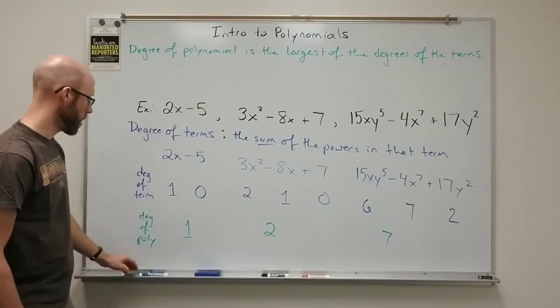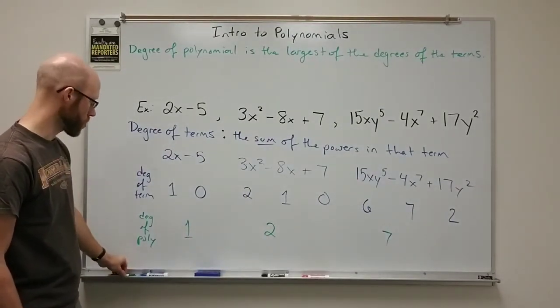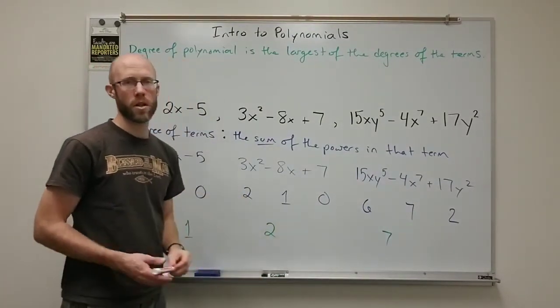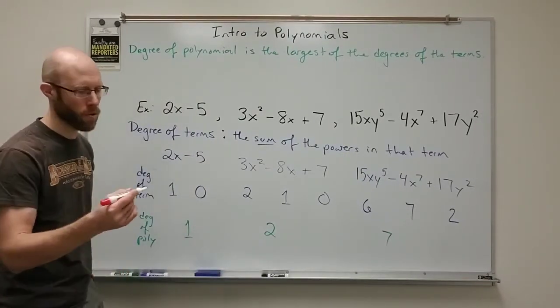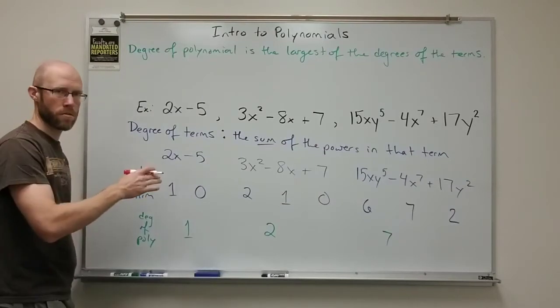Now we have a couple of extra definitions I want to talk about. One is called the coefficient. We've talked about coefficients before, but I'm going to give them a better definition.